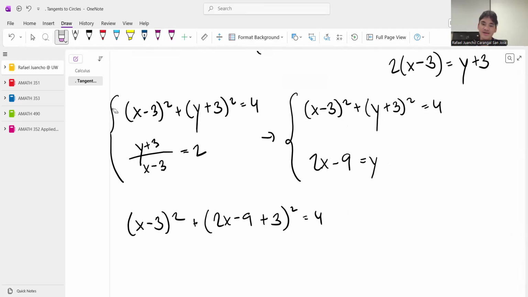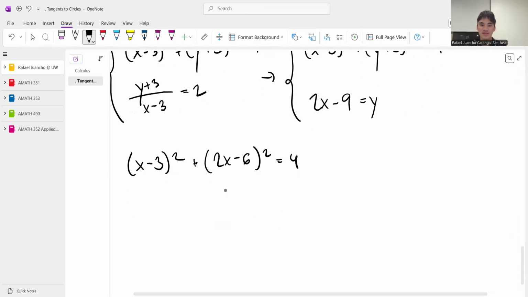I simplify. Negative 9 plus 3 is minus 6. So again, just some algebra that we're doing here. Pretty simple. Now I solve for x. So the way I would do it is pretty much just expand and then solve for x.